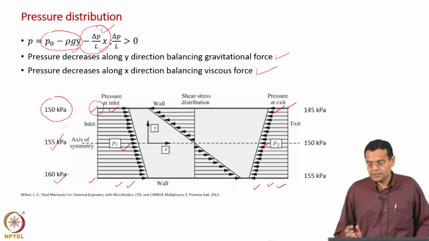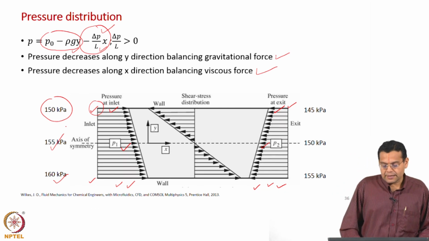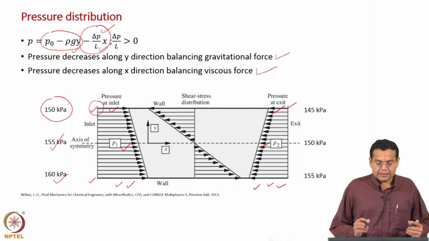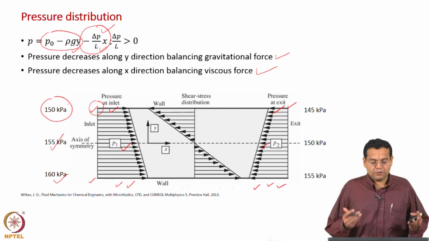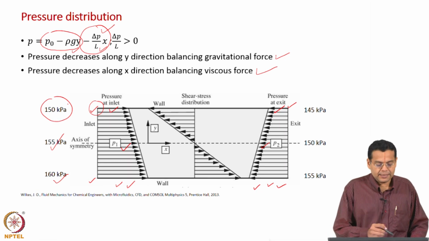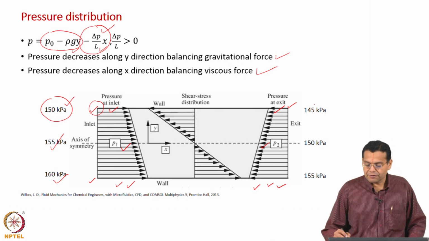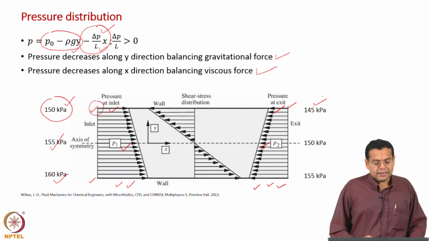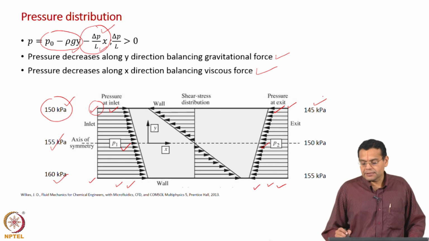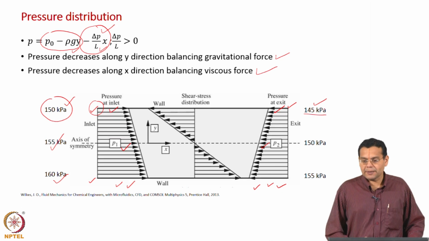Now, let us come to the exit. Let us say the conditions are such that flow, viscosity, etc. are such that the pressure drop is 5 kilopascal. So, inlet pressure is 150, exit pressure is 145 kilopascal at y equal to h.